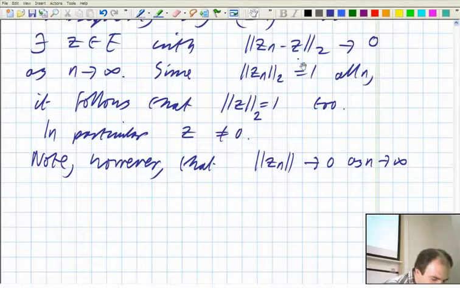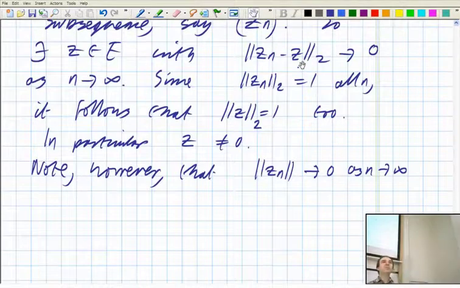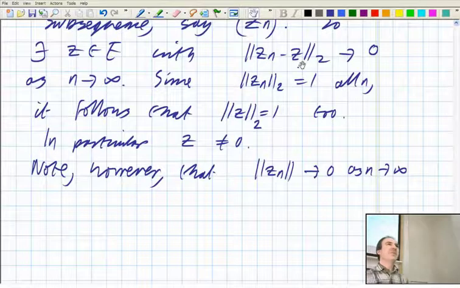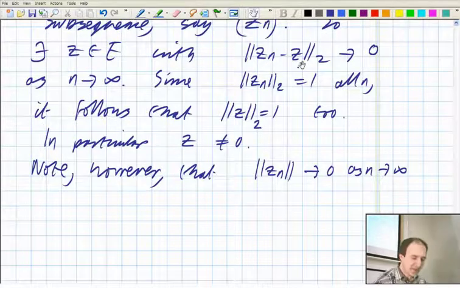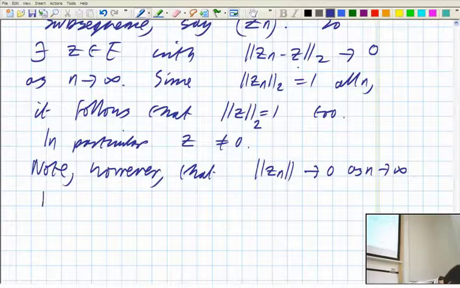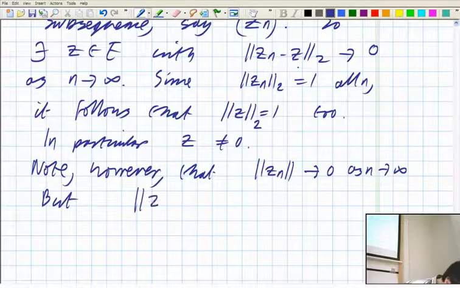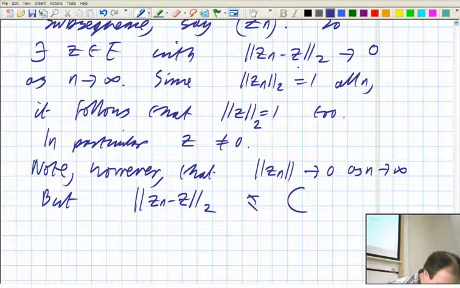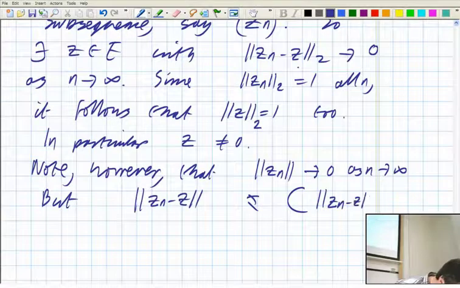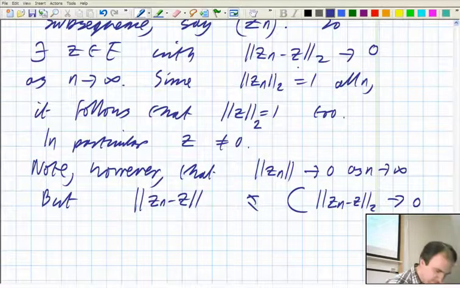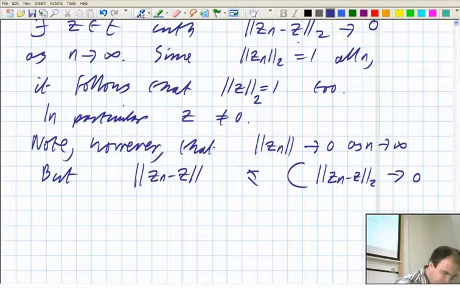You see, zn minus z is small using norm 2. But the ordinary norm without the 2 is bounded by a constant times that. Norm of zn minus z is less than or equal to that constant we had earlier times the norm with the 2, which is tending to 0, from which you conclude that zn also tends to z with respect to norm.